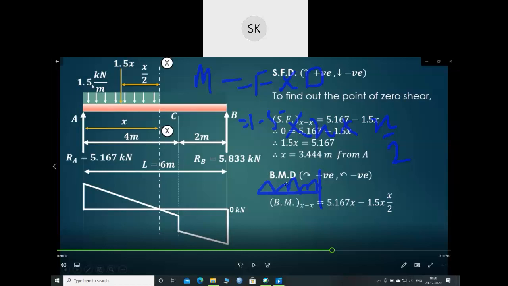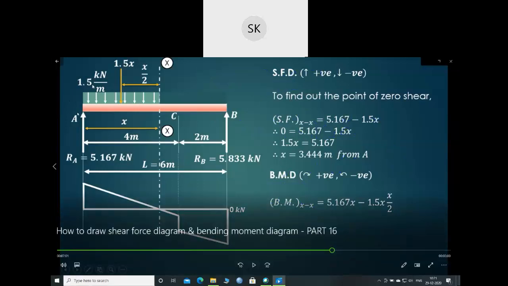Suppose it has 3 kilonewton per meter, and the distance is x. So the moment will be 3 into x into half of this distance, x by 2. Understood? The same way, 1.5 into x into half of the distance, x by 2. So from A to C, this is your bending moment equation.